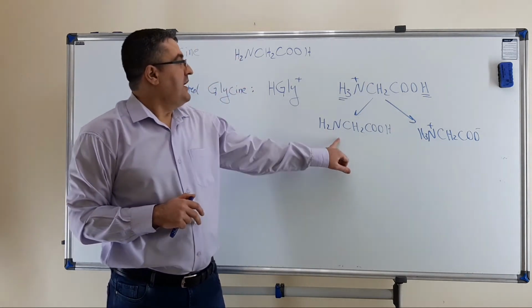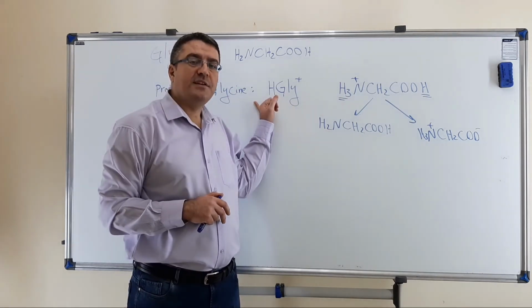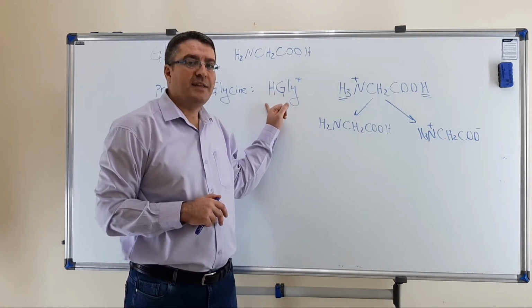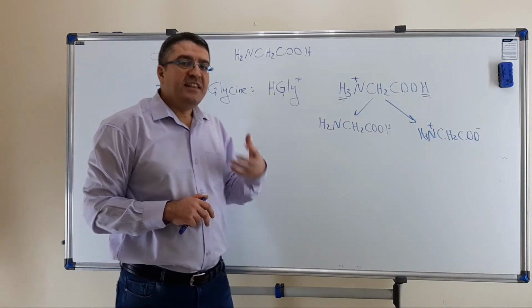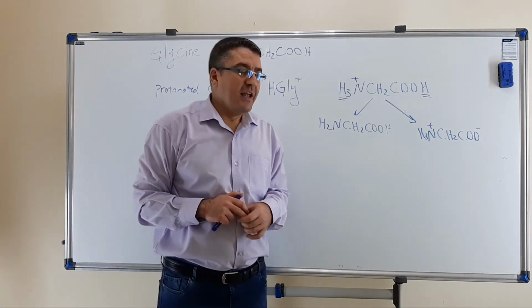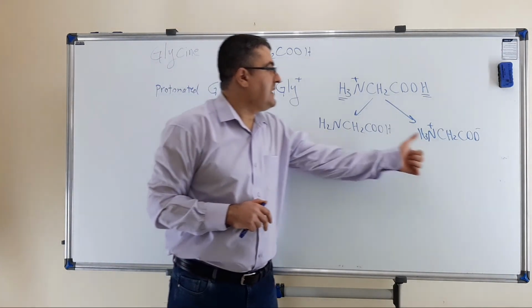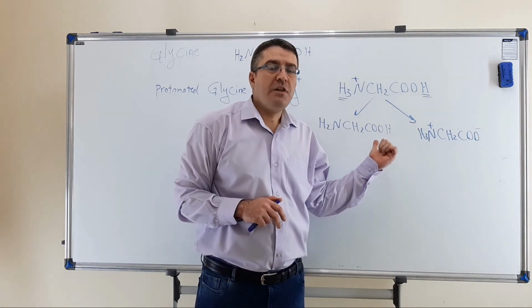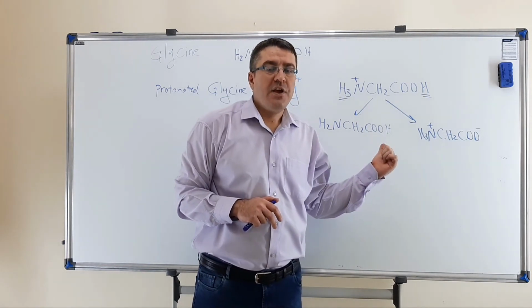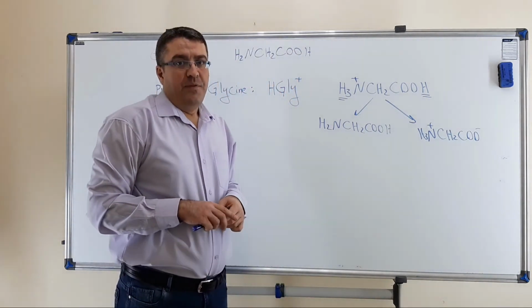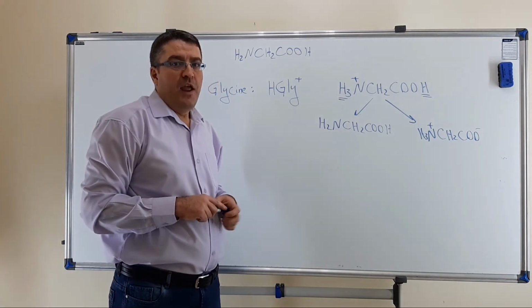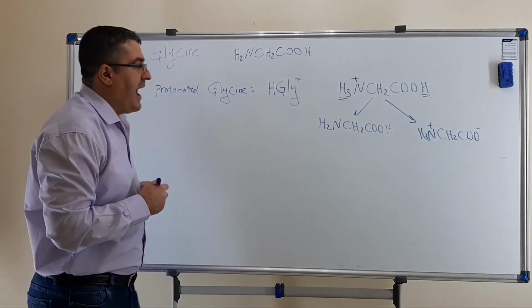For example, in the case of protonated glycine as a diprotic acid, the difference between the acidic strengths of these two ionizable hydrogens is great. And because of that, we can consider the following reactions.